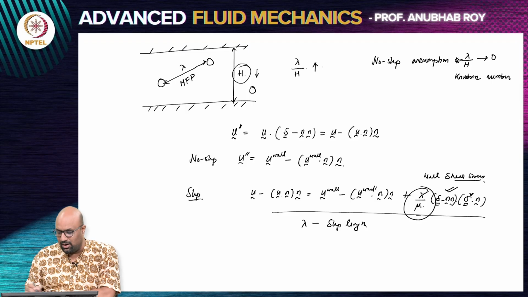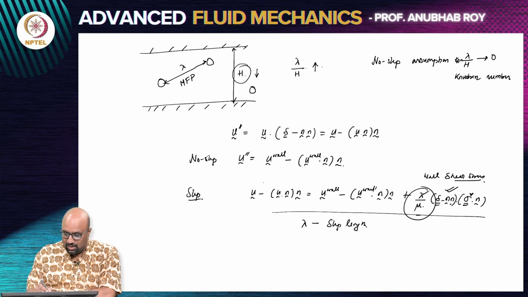So, no need to exactly specify because pressure does not have any shear component, but if you want, that is the viscous part which is going to contribute. So, you have now the tangential component of fluid velocity minus the tangential component of the wall velocity is going to be equal to the wall shear stress times a slip length.